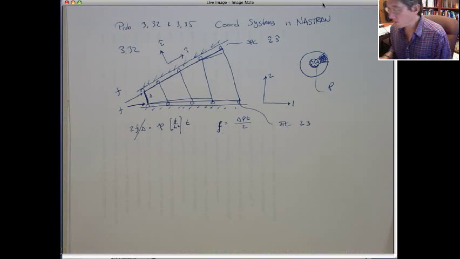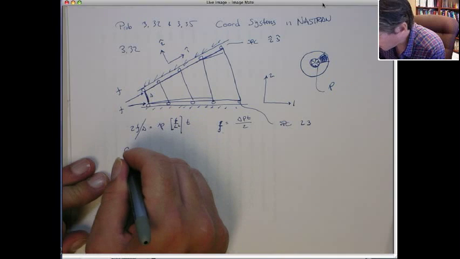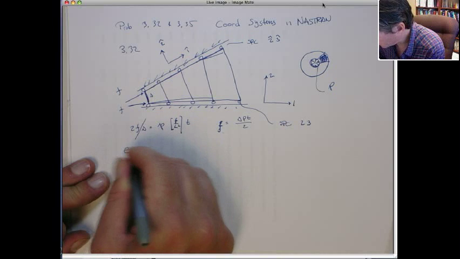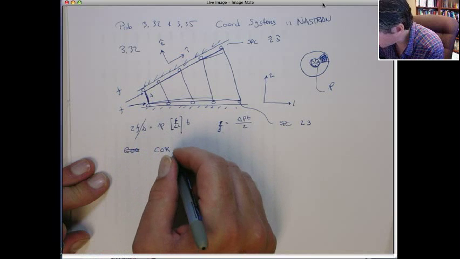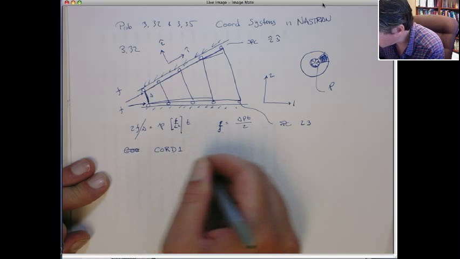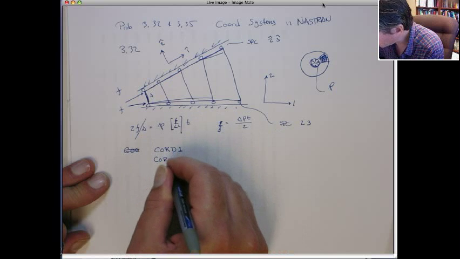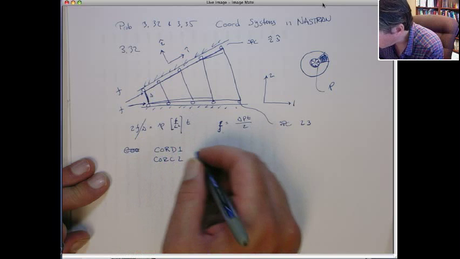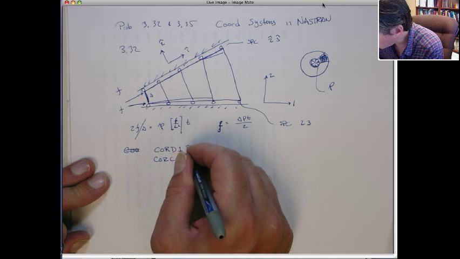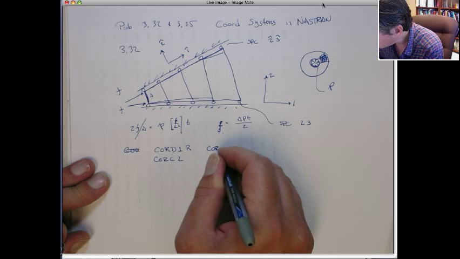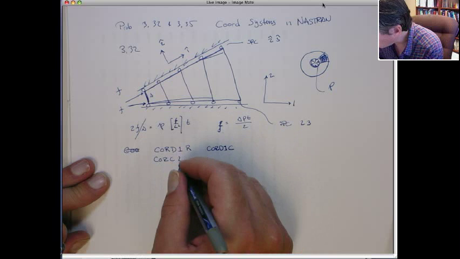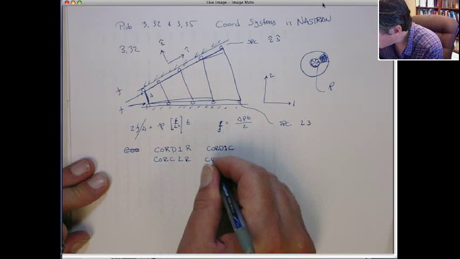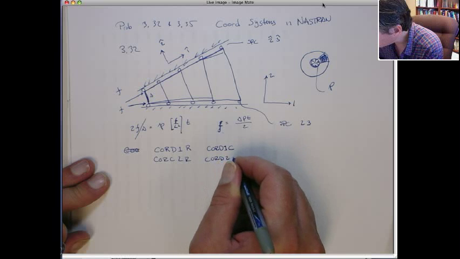There's several ways to do that in Nastran. There's Coord1 and Coord2, and both of these, there's a Coord1R, CORD1C, and then there's a Coord2R and a Coord2C.